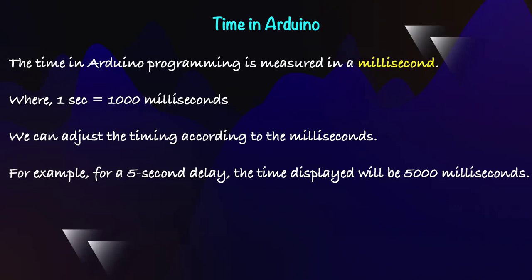For example, I'll give you a very simple example. When you are trying to blink an LED, and you want to set a pattern of blinking the LED, you want that between the first blink and the second blink there should be a gap of 5 seconds. You are using pin 13.